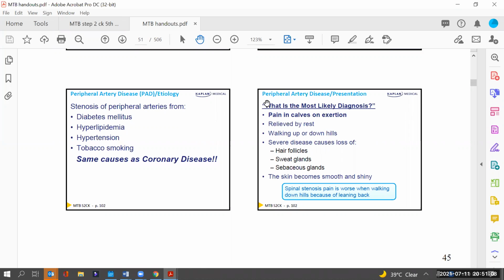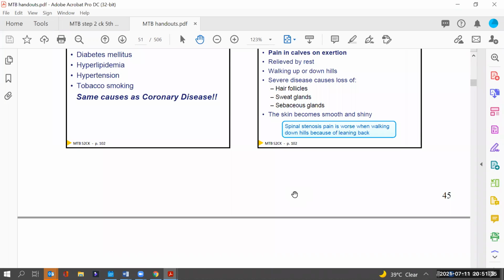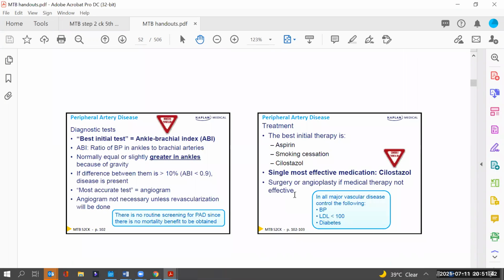That's the discriminating factor: walking up or down can be caused by peripheral artery disease and spinal stenosis, but spinal stenosis pain worsens when going down, not up.